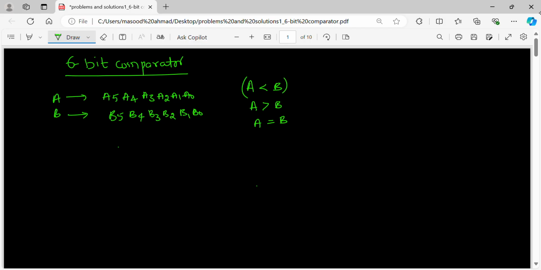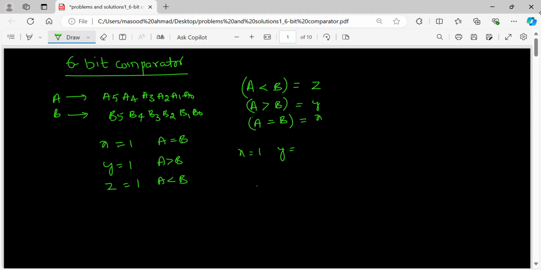Let's say A less than B, A greater than B, A equal to B are X, Y, Z. Now X equal to 1 means A equal to B. Y equal to 1 means A greater than B. Z equal to 1 means A less than B. When X is 1, Y is obviously 0 and Z is obviously 0.